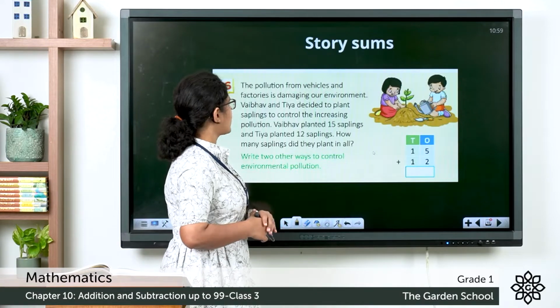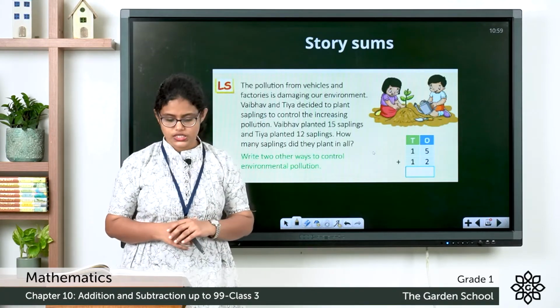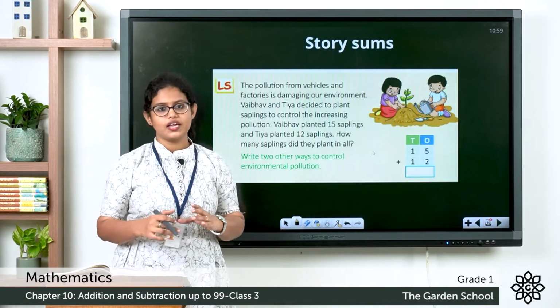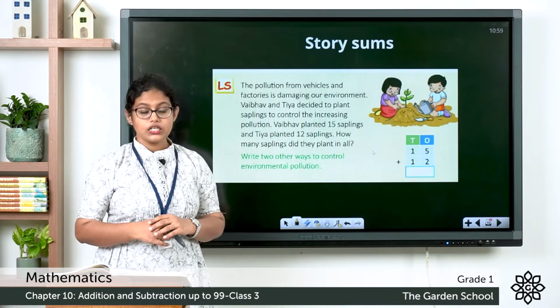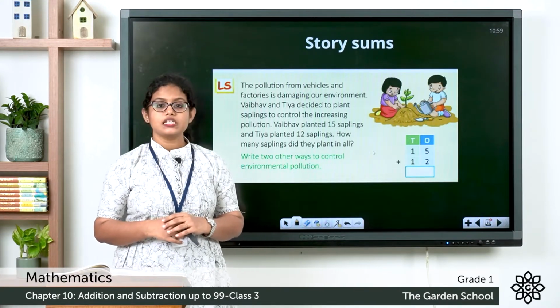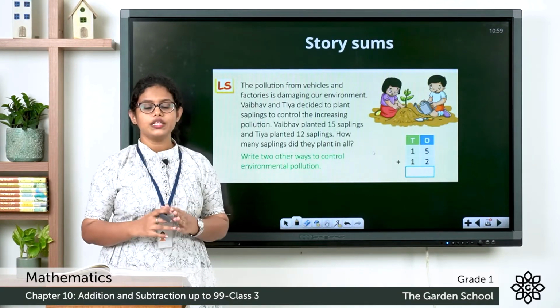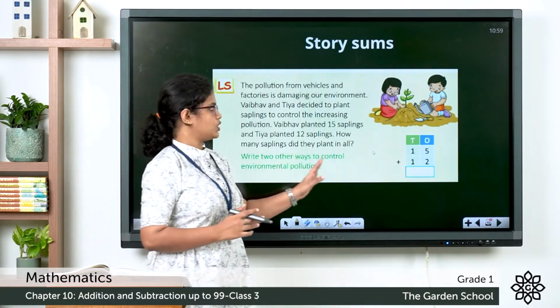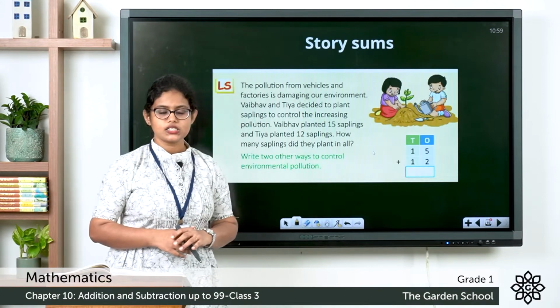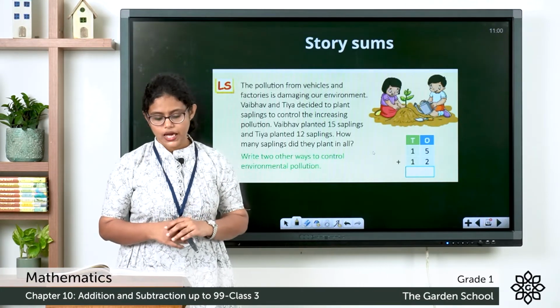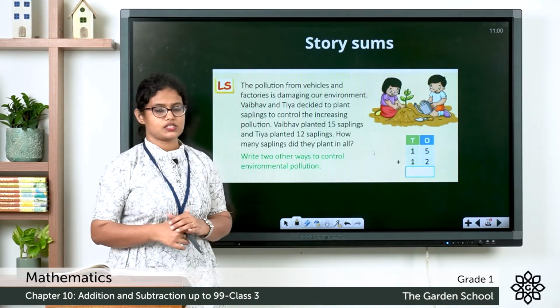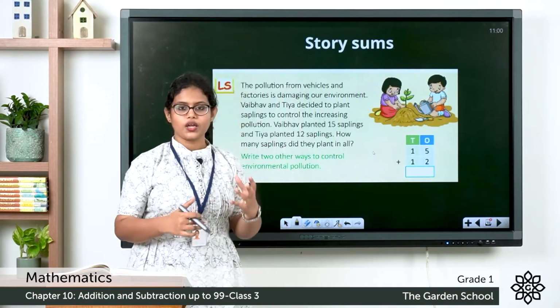The pollution from vehicles and factories is damaging our environment. Vaibhav and Tia decided to plant saplings to control the increasing pollution. So you can see the two little kids planting saplings. Vaibhav planted 15 saplings. So how many saplings did Vaibhav plant?